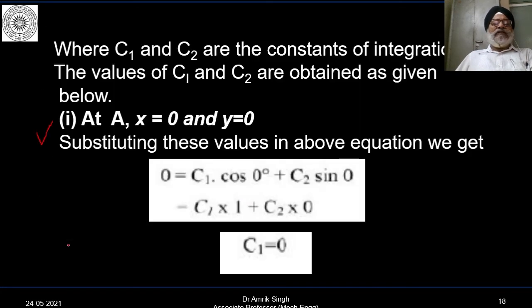So we use this condition here, at x equal to 0, y equal to 0. Substituting these values in the above equation, we get 0 equals C1 cos 0 plus C2 sin 0. Sin 0 is 0 and cos 0 is 1. Therefore C1 into 1 is equal to 0, that means C1 is equal to 0.